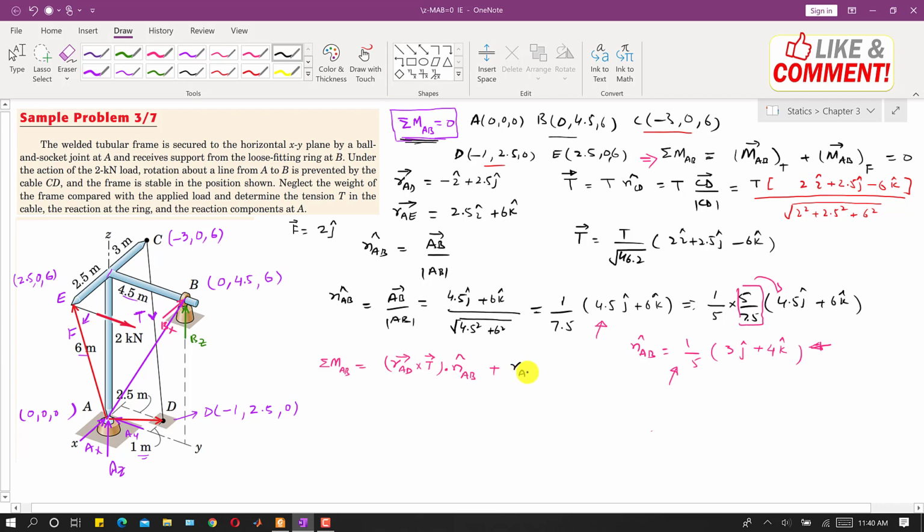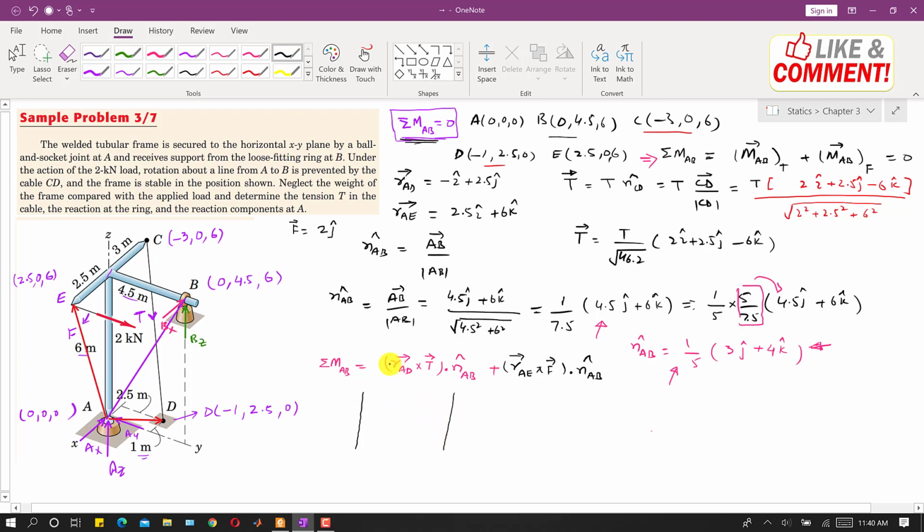So again we will write RAE cross force vector and the dot product of NAB, right? Since these are scalar triple products, we can write it like this.